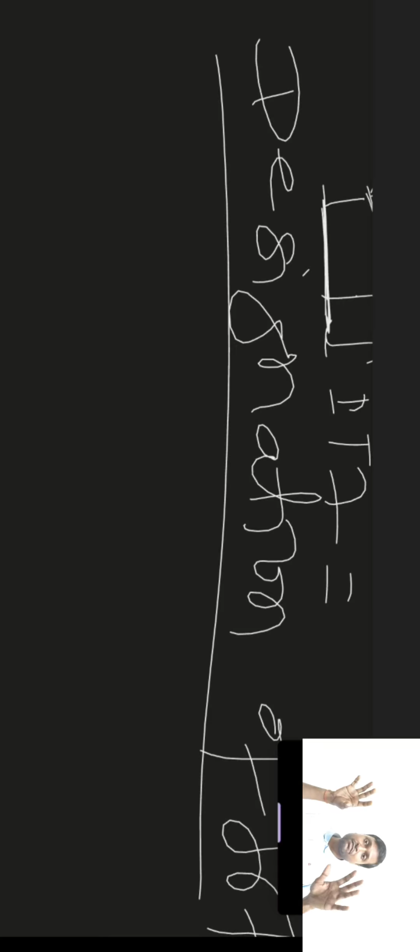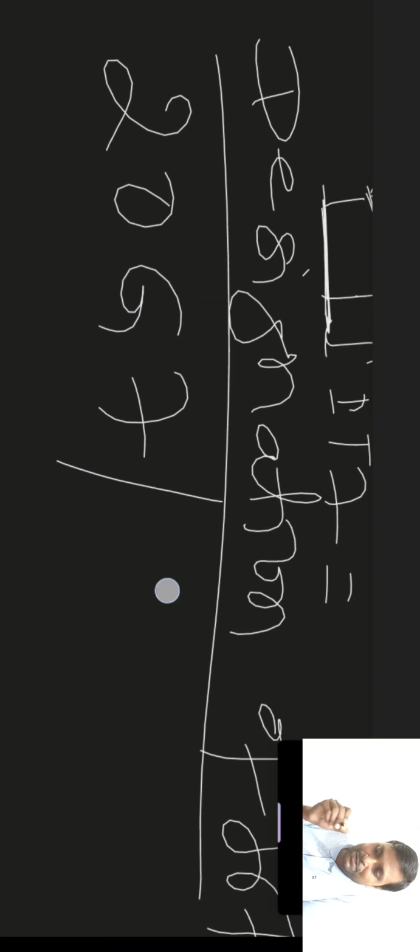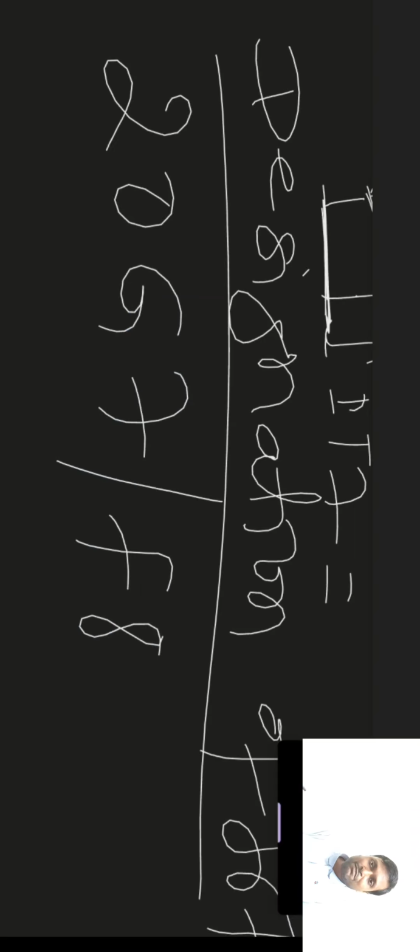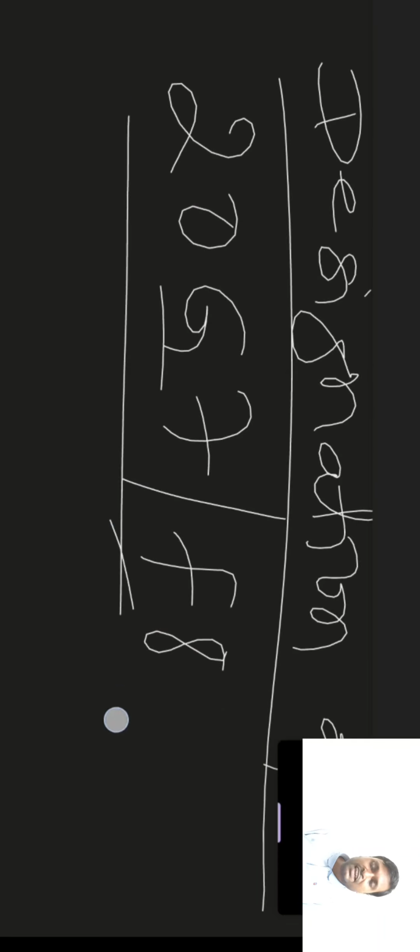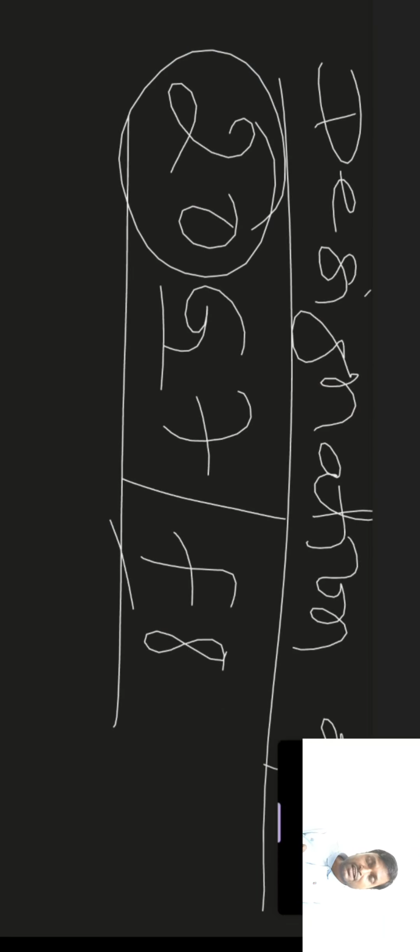So to represent the fit, to designate the fit, we have to designate the hole as well as the shaft. If we write like this, 20G7/f8, then G in capital is the fundamental deviation of hole, and f is the fundamental deviation of shaft. So this is the fit whose basic size is 20, meaning the basic size of hole is 20, as well as for the shaft is also 20.